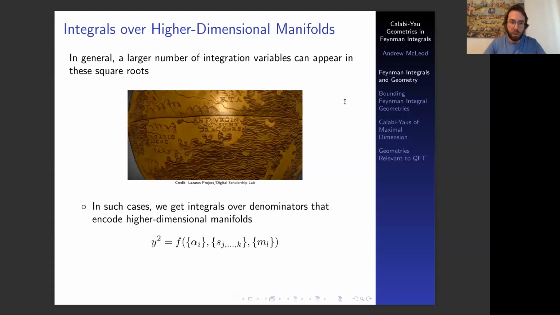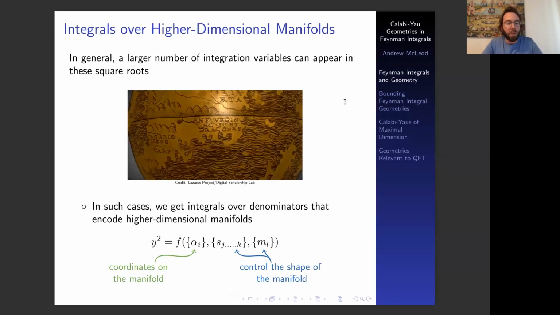So in general, a larger number of integration variables can appear in these square roots, and here be dragons, or at least beasts of some kind. So in such cases, we get integrals over denominators that encode higher dimensional manifolds, and we can describe these in the same way as before by introducing an auxiliary parameter y again, and equating that to the polynomial inside the square root.